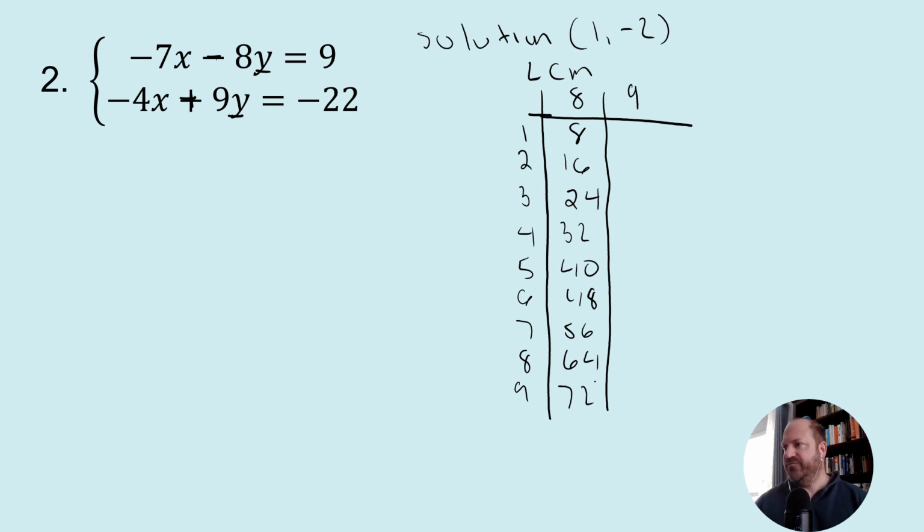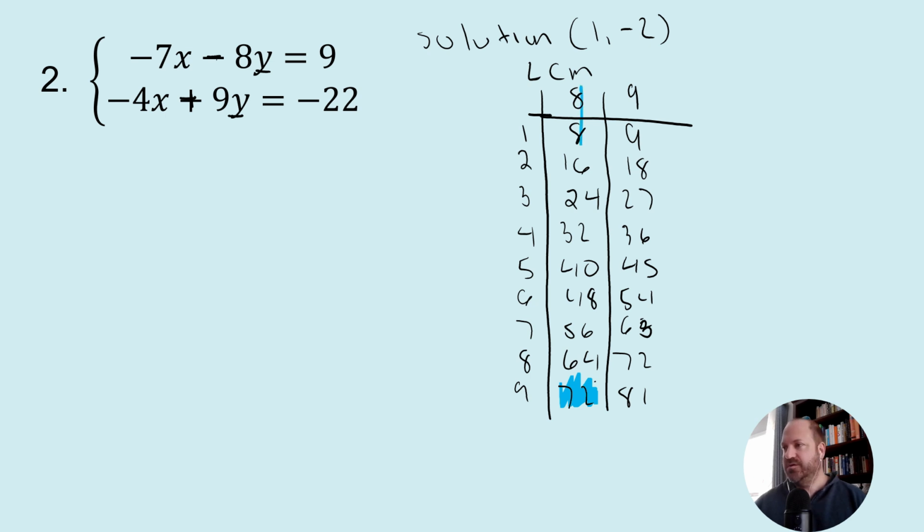And then for 9, we've got 9, 18, 27, 36, 45, 54, 63, 72, and there's our 81. All right, so what's our least common multiple? What's the smallest value they have in common? Well, the smallest value is that 72.